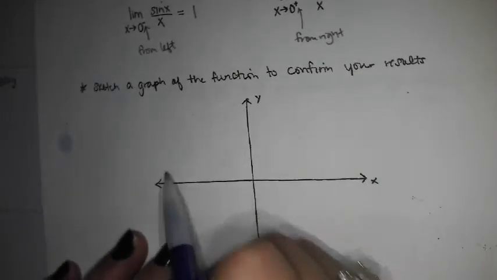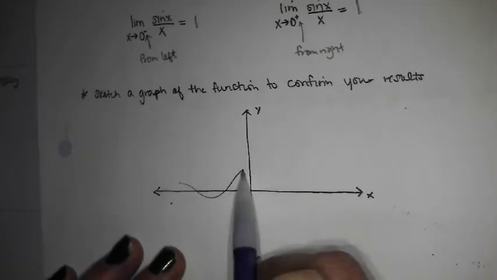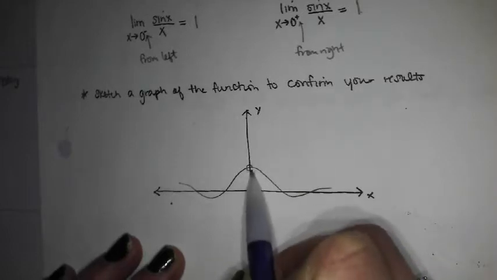So sketch a graph of the function to confirm your results. I don't really remember what's happening over here, but I know this is kind of approaching 1, but there's a hole there.